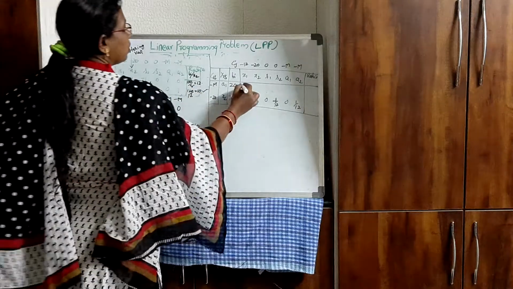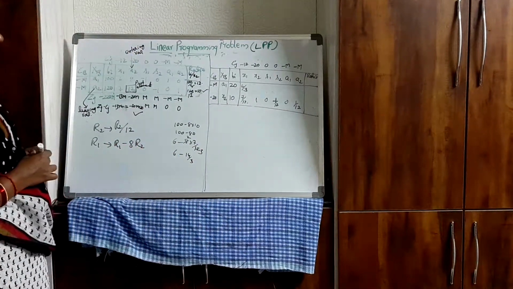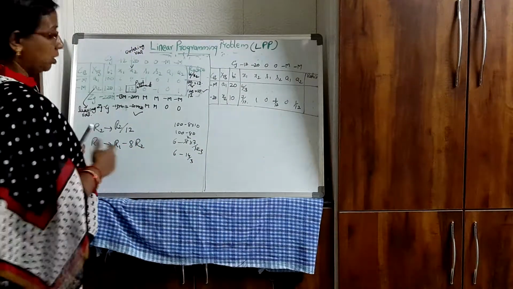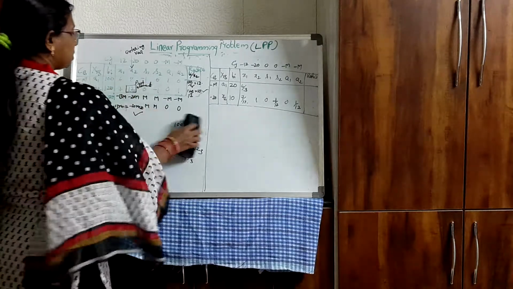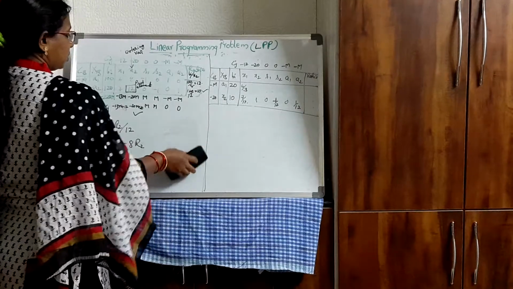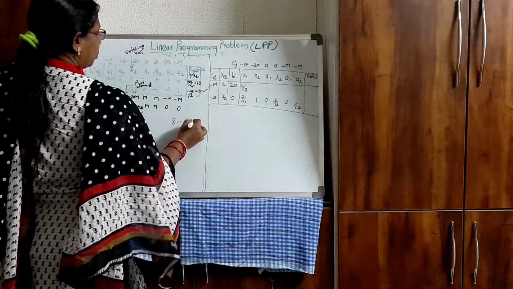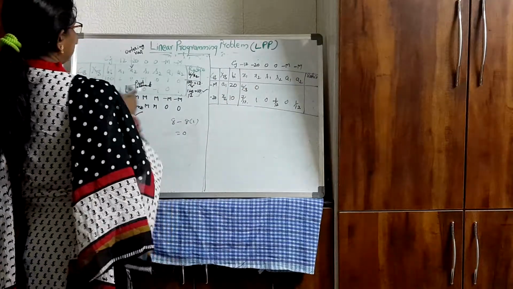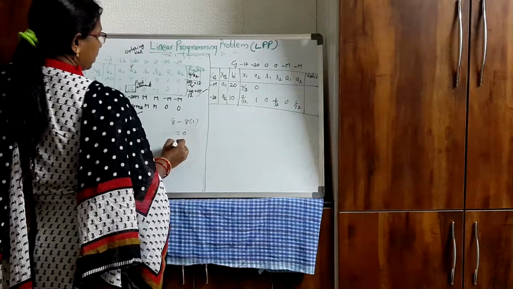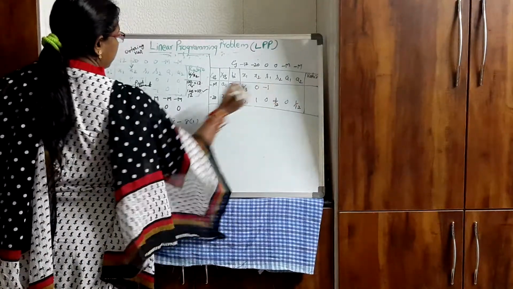So this is 4 by 3. Next, x2: 8 minus 8 into 1. So this is equal to 0. Then S1, you have minus 1. Minus 1 minus 8 into 0. So this will be minus 1.